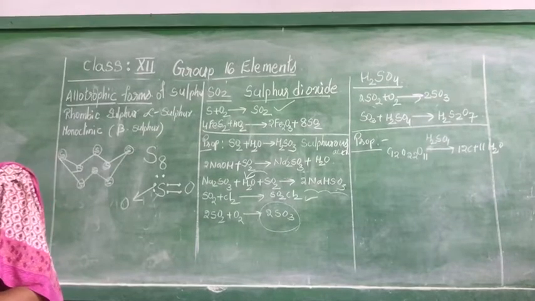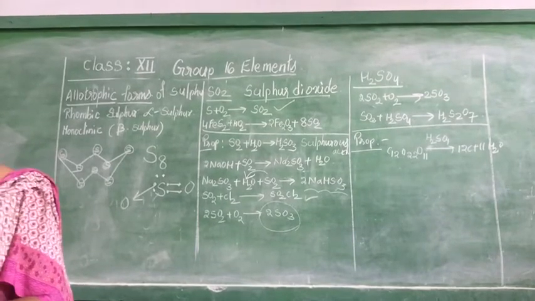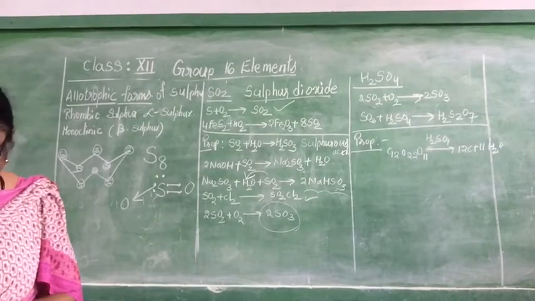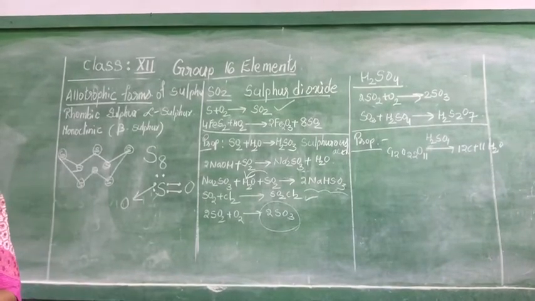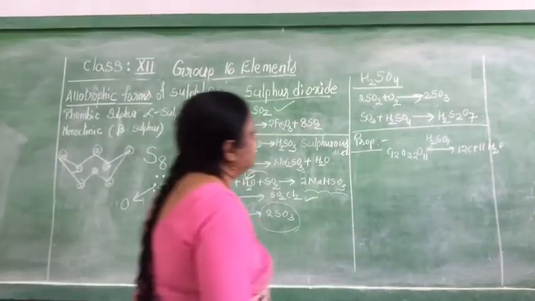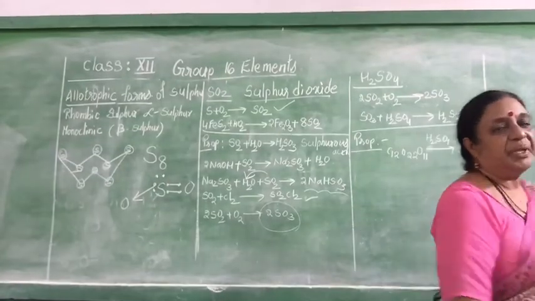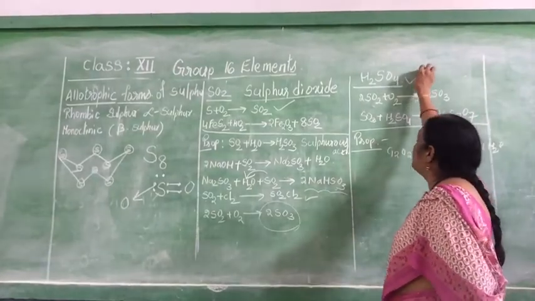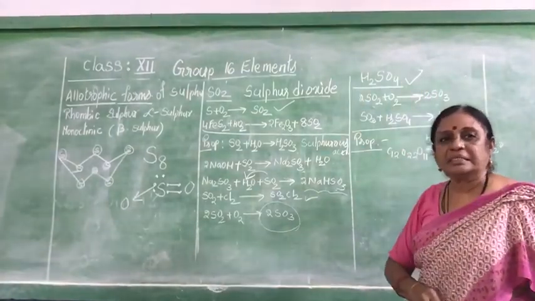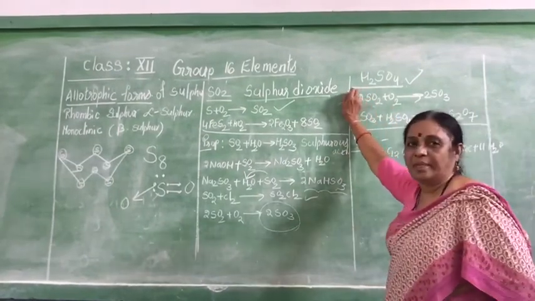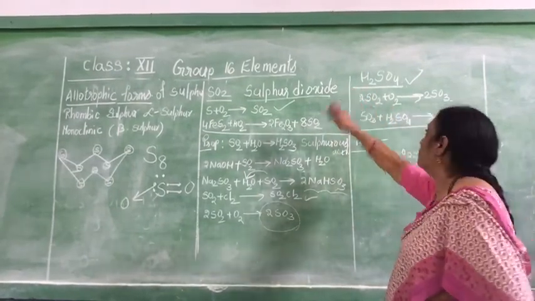Now, next, uses of sulfur dioxide. It is used in refining petroleum and sugar, in bleaching silk, and as an anti-chlor, disinfectant and preservative. Now, next compound, children, sulfuric acid. Sulfuric acid is the king of the chemicals. It is the most powerful acid, what we call in local language Teja, meaning H2SO4.